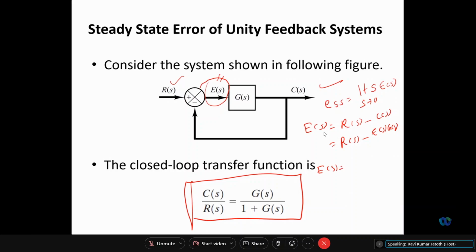So now if you get the expression for E of S, E of S times (1 plus G of S) equals R of S. Yes or no? So E of S is R of S by 1 plus G of S. Understood? This point is clear, no?